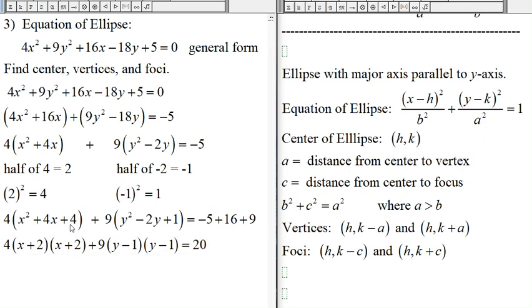Once again, when we inserted the 4 here, we added 4 times 4, which is 16, to the left side, so we must add 16 to the right side. And when we inserted 1 here, we added 9 times 1 to the left side, so we must also add 9 to the right side. So this becomes this.